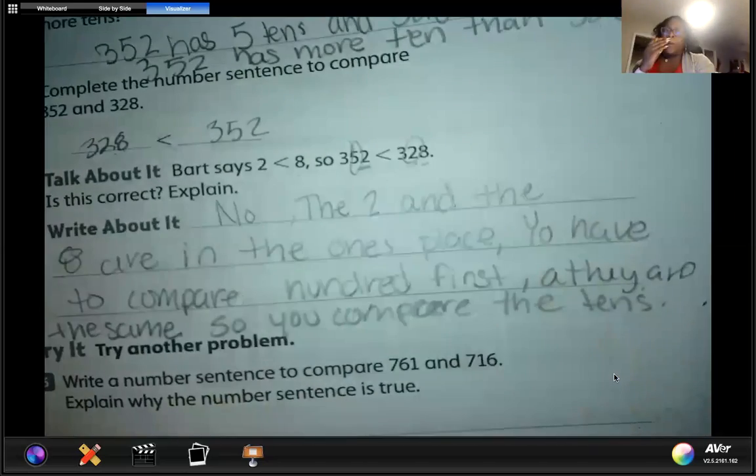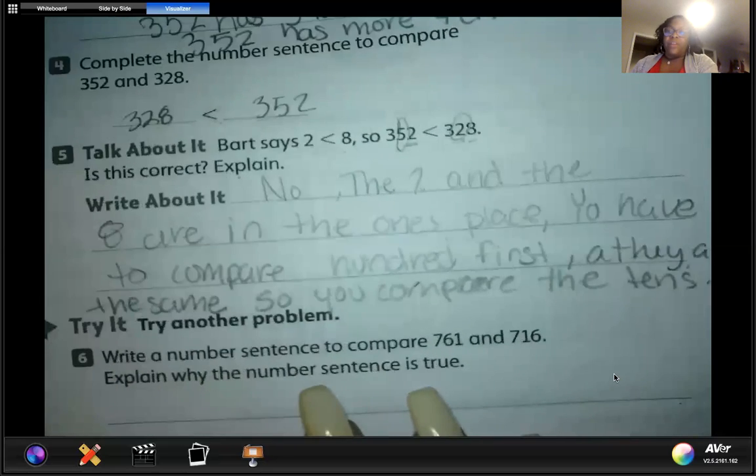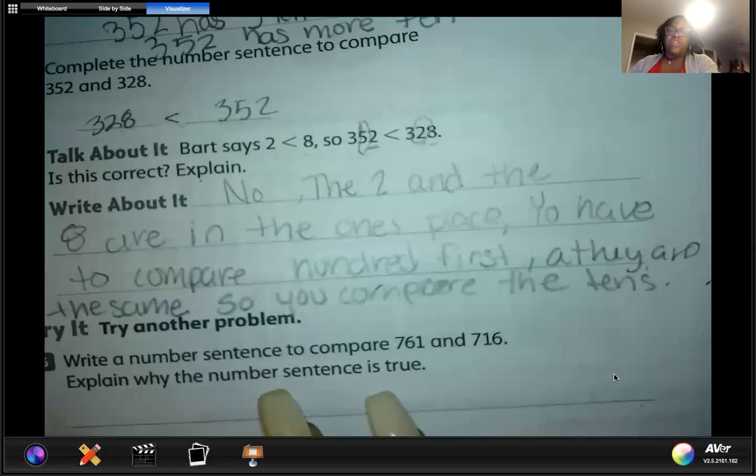Okay, pause the video, get out a piece of paper, and make sure you write this down so that you can put it correctly in the Nearpod. Make sure that it's neat and we can understand it.